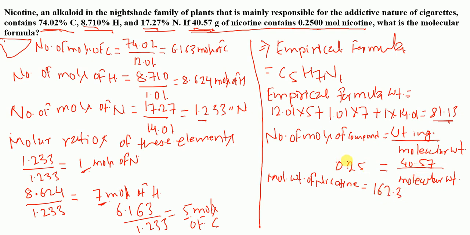So this 40.57 divided by 0.25 gives us 162.3. So now we know the molecular weight and the empirical formula weight. Then we have to determine the subscript that we will use to multiply this C5H7N.